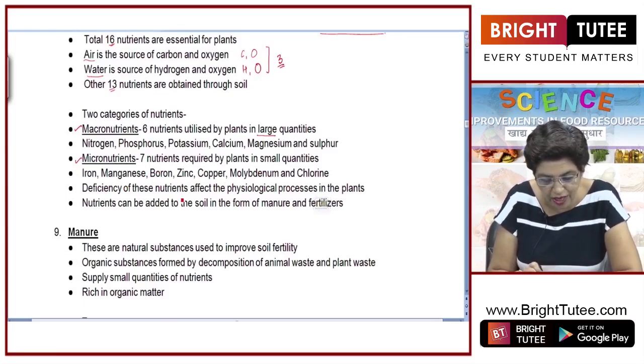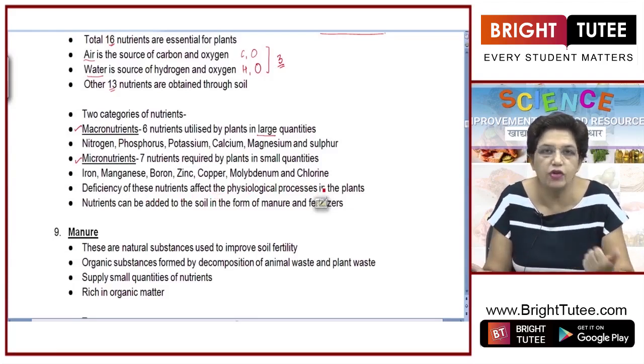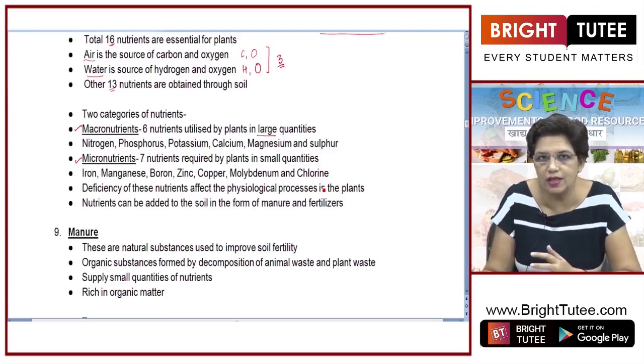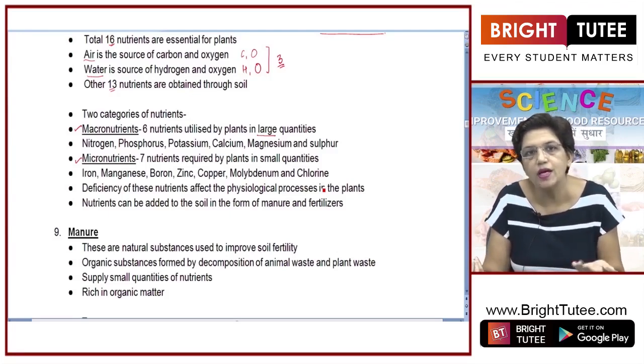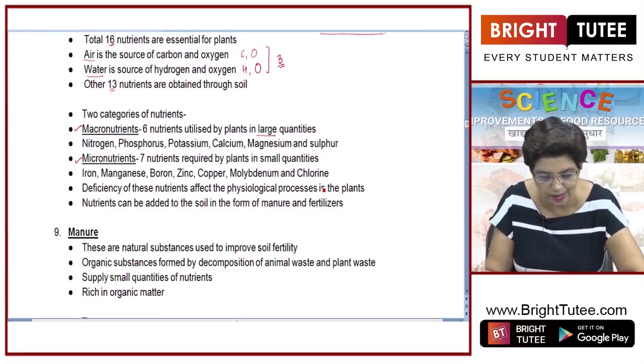Now deficiency of any of these nutrients affects physiological processes like reproduction or growth, how profusely and how fast the plant is growing, and whether it is disease resistant or not. All these physiological processes depend upon the availability of these nutrients.